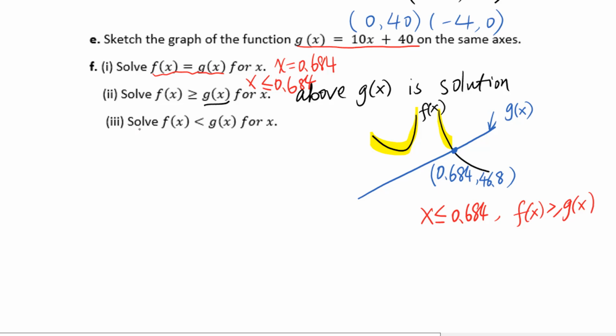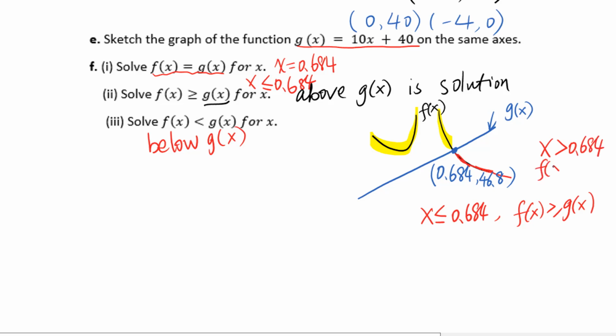For number 3, solve f of x less than g of x, which means the graph below g of x will be the solution. So this part, it will be when x greater than 0.684.